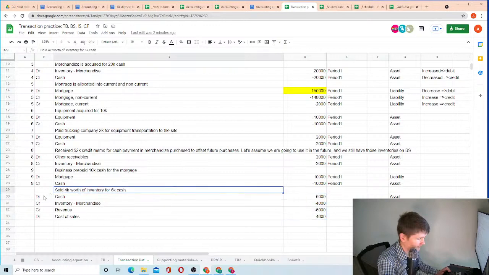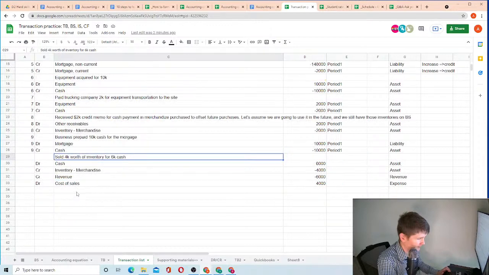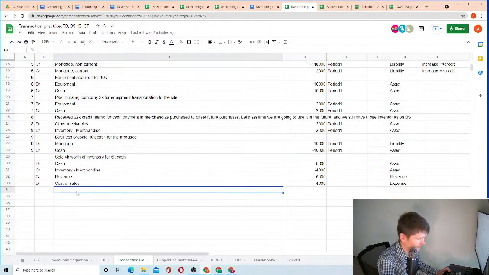Let's keep the transactions similar, but do one more transaction in a similar fashion, presented a bit differently. Let's say 5K cash revenue generated. So we generated 5,000 cash revenue.